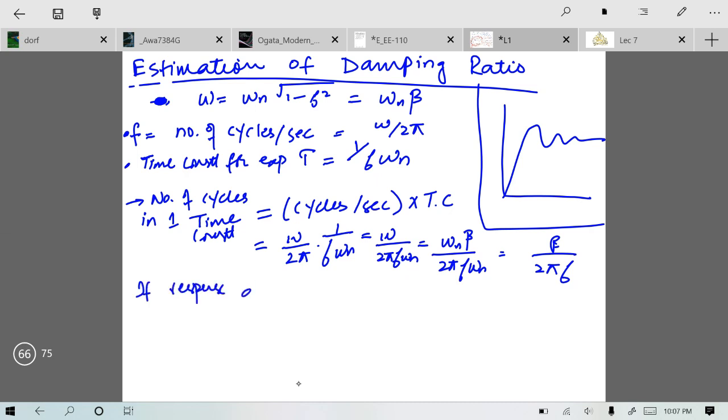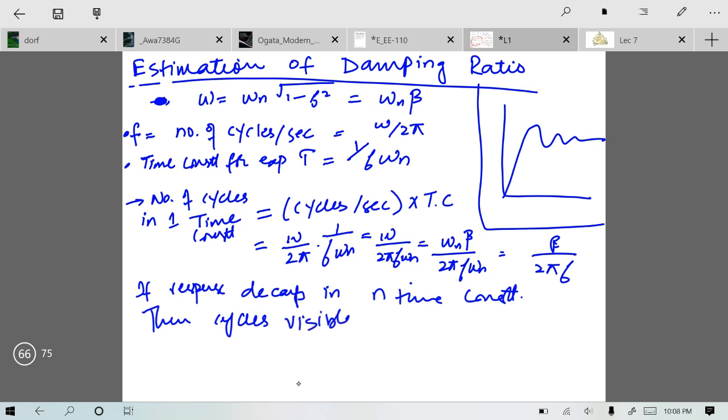Now if the response decays in n time constants, then the cycles visible in this time response would be equal to n beta over 2 pi zeta.